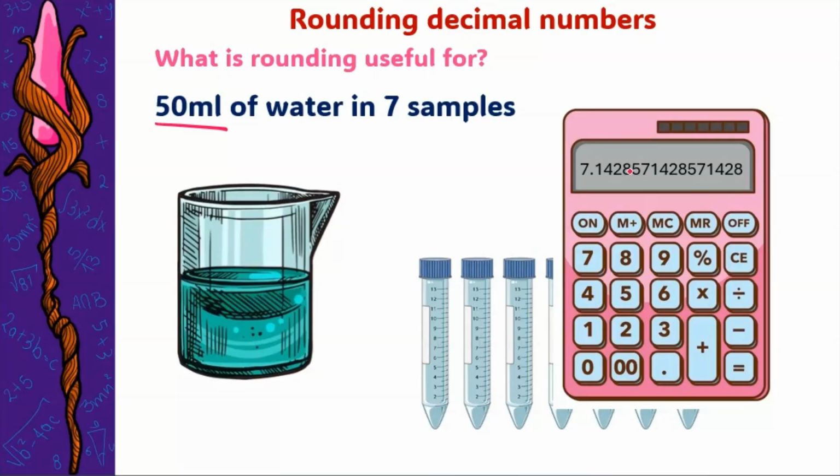You don't really need those numbers because you are not going to be able to measure it in your test tubes. So you are just going to say like 7 and a little bit. It's a little bit more than 7, or is 7.1, because you have 10 little lines here and you are able to measure that. So you just need the number until tenths and you say, okay, in each one I'm going to put 7.1 milliliters.